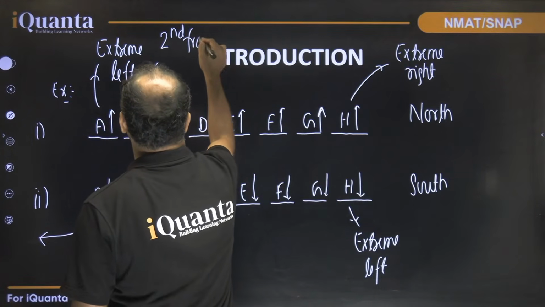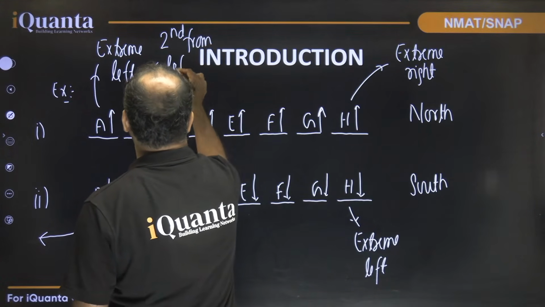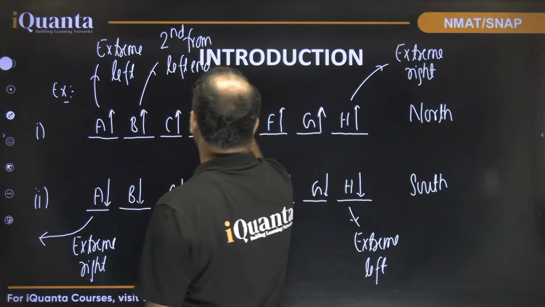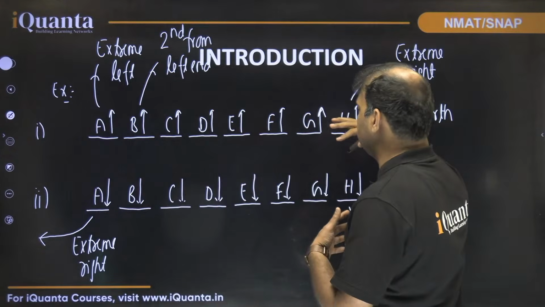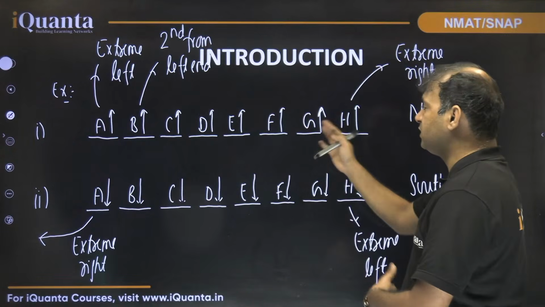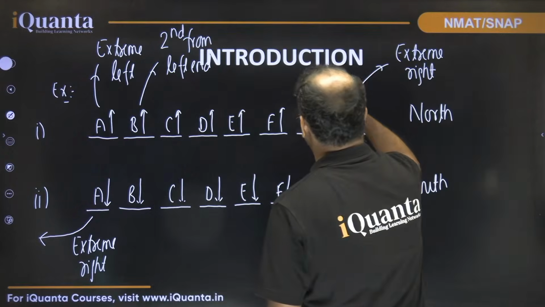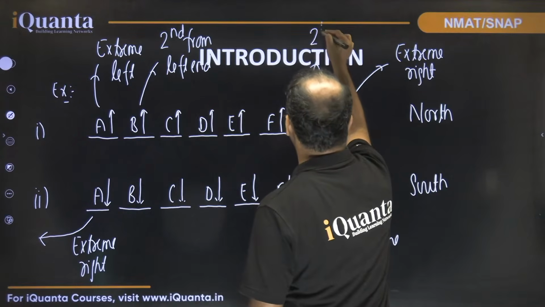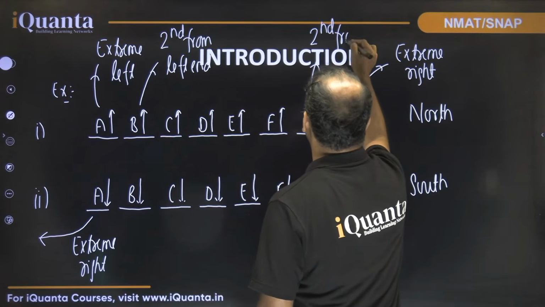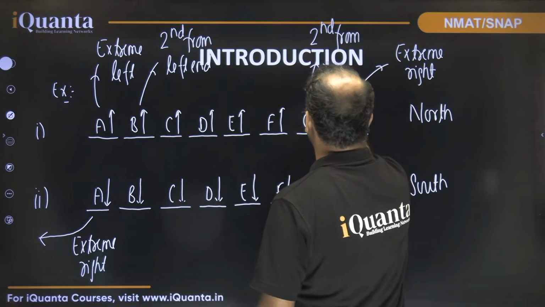Similarly, if H is facing north and there is only one person to the right of H, we'll call this the second place from the right end.